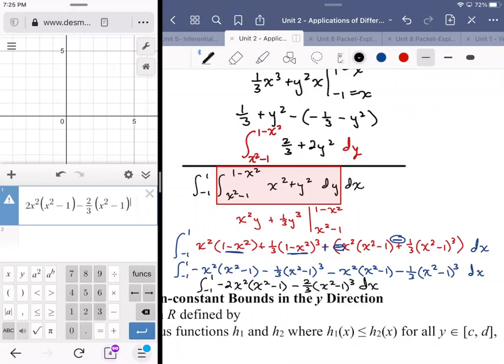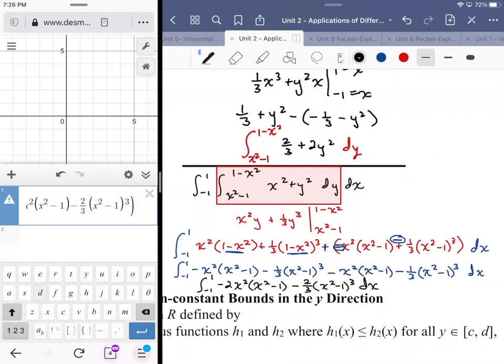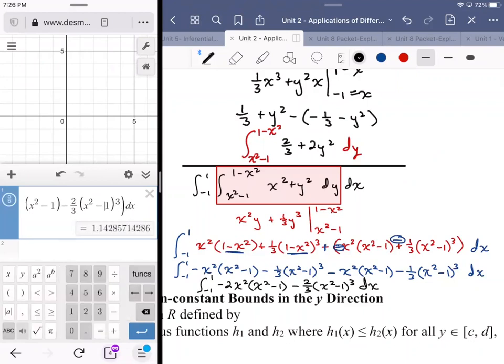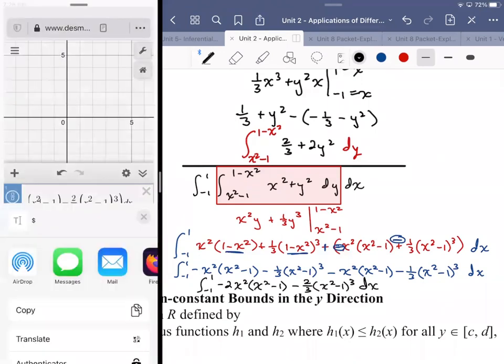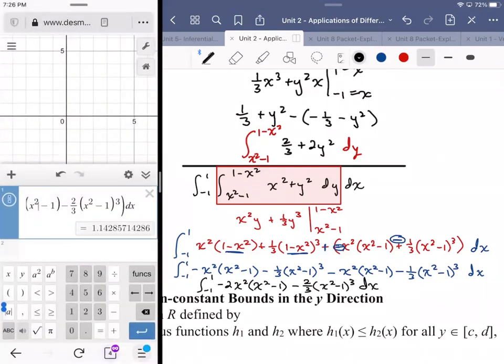That's going to be cubed. All right, now I'm just going to double check. Oh, that's lovely. Oh, I see what happened there.